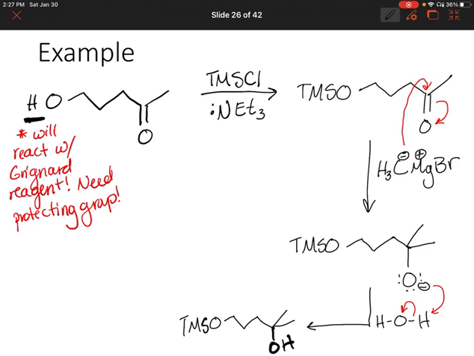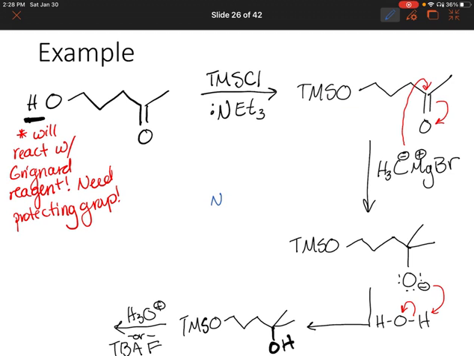Well, there's a couple different ways that you can remove the protecting group and add the hydrogen back onto oxygen. So you can either use just a dilute acid, not a weak acid, or something called tetrabutylammonium fluoride, or TBAF. So TBAF is quite large.